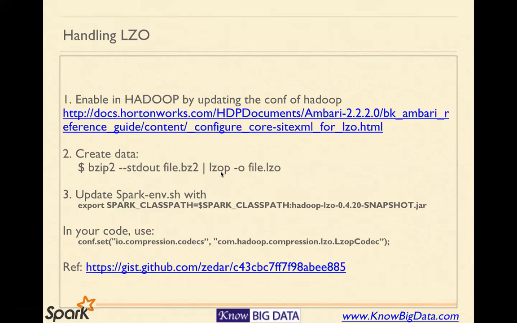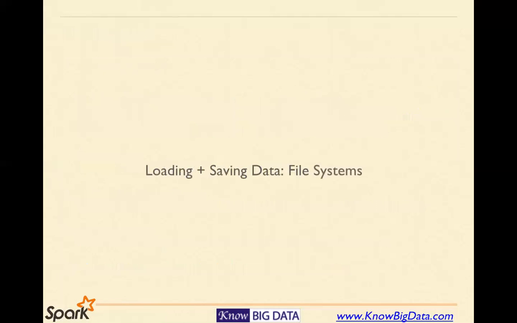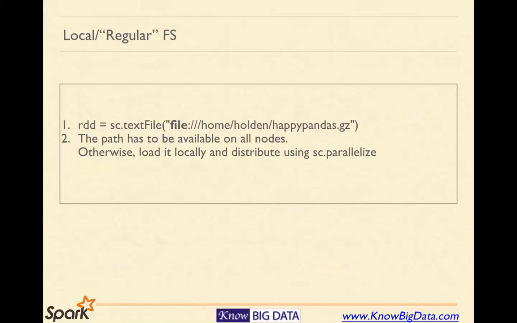And once you're done with that, then you specify the Hadoop lzo jar either in the class path or using the --jars option. And inside the code, we could simply use conf.set with this. That's it. And then we can read data from lzo. Okay.